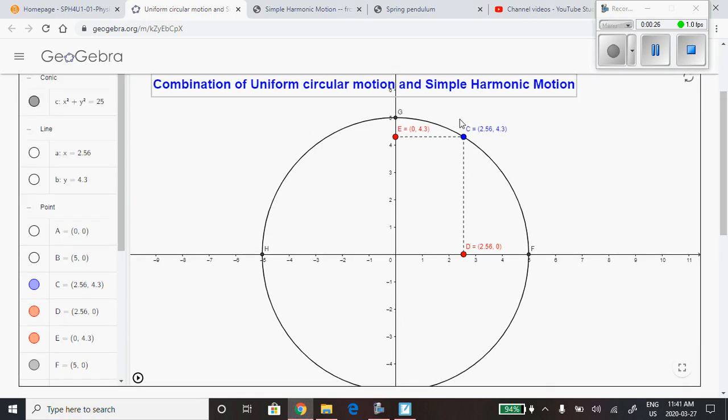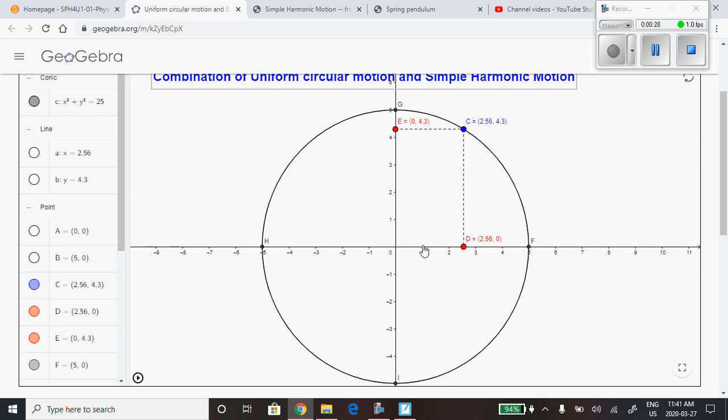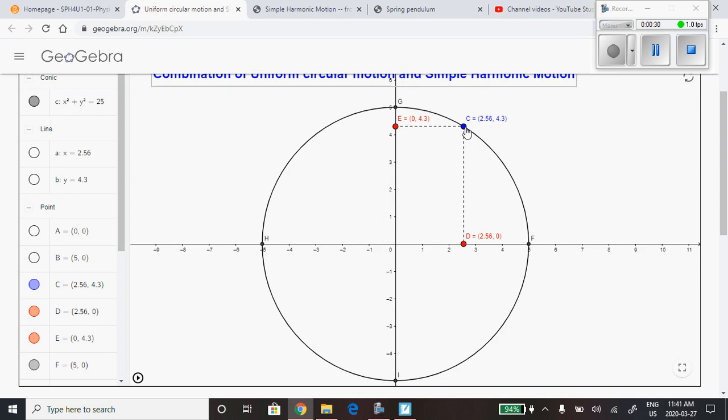It is an object at the end of, you could think of an imaginary string or some type of gravitational field, doesn't matter. It's some object moving in a circle. So let's get this object moving in a circle. There you have it. Object moving in a circle.